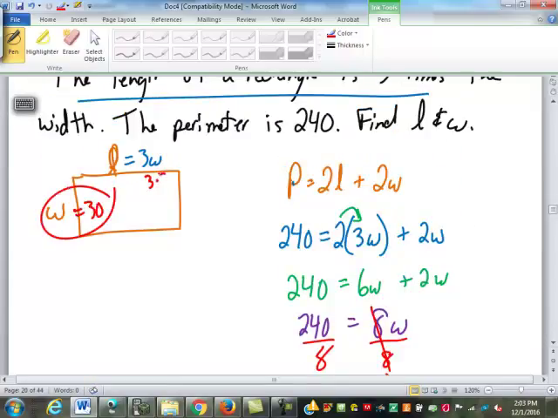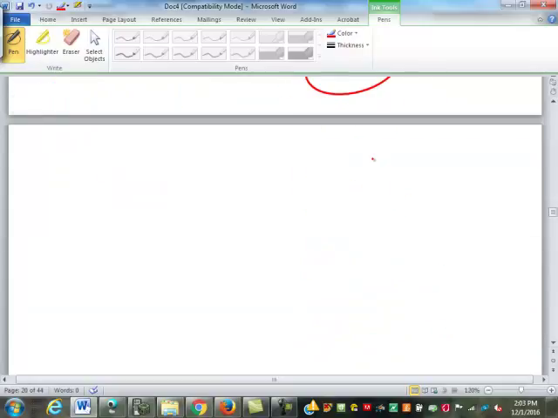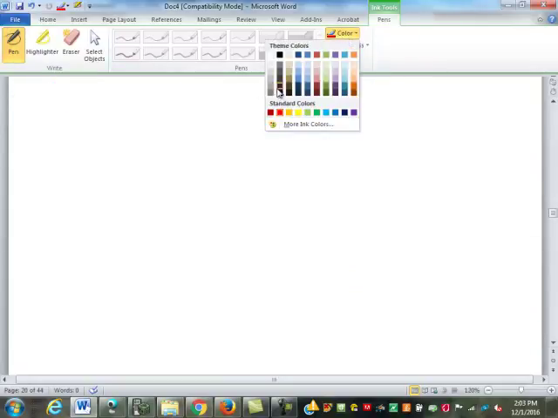L equals 3 times 30, or 90. Good. You guys get 30 and 90?